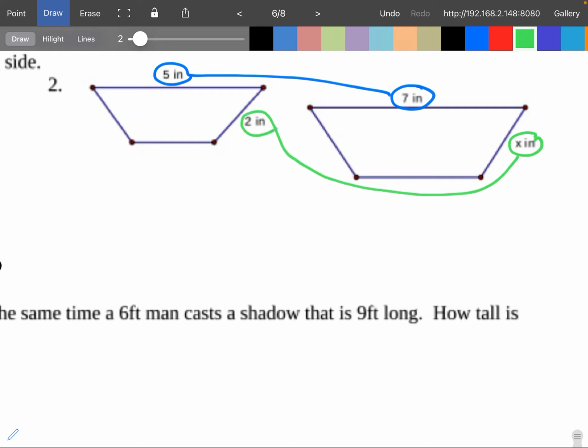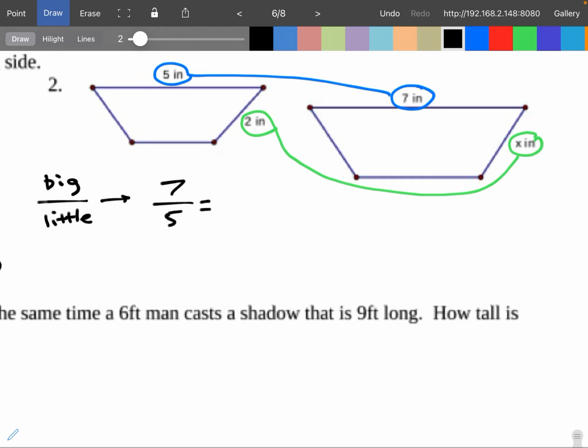The 7, it goes 5, 3. The 5. And then the x matches up with what? The 2. Now, just to change it up on this one, let's do the big over the little this time. So we're going to do big over little. As long as we're consistent like that, it'll work fine.